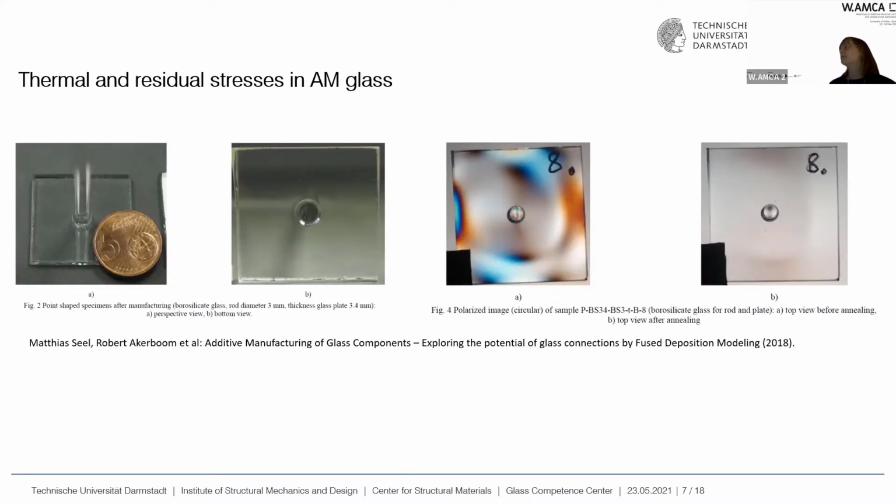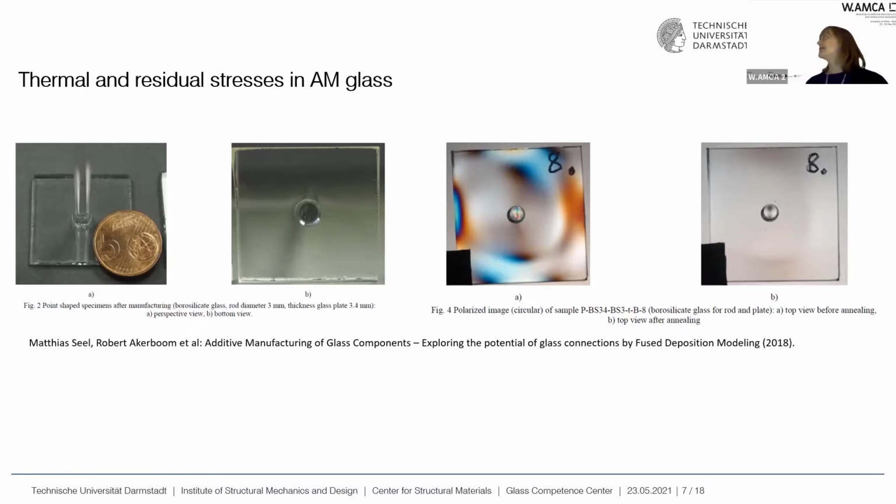It's one of the first specimens Matthias and Robert did, and they connected a borosilicate glass plate with a glass rod. On the left, you can see those specimens, and on the right, you can see pictures of those specimens taken between polarized filters. And you can again see those interference colors.